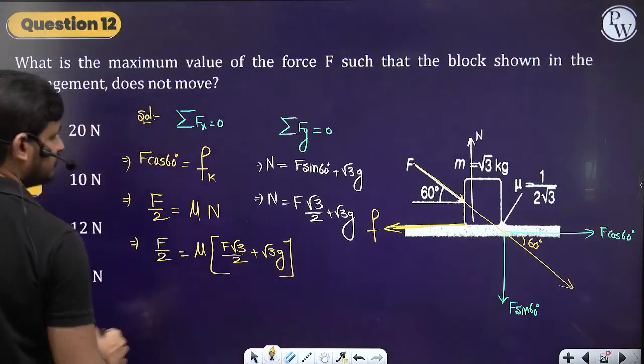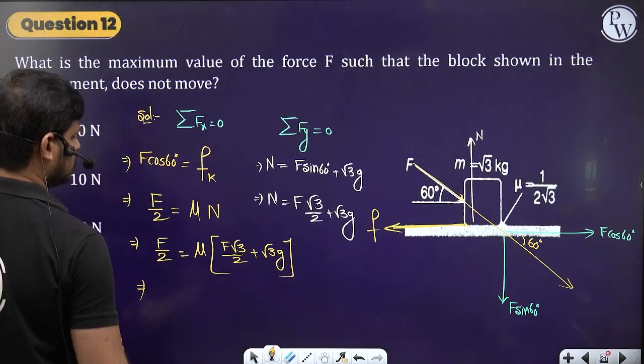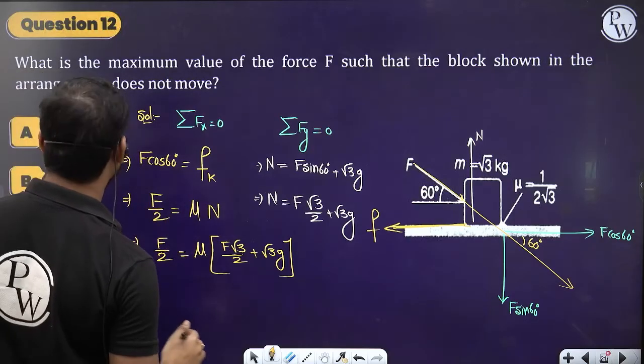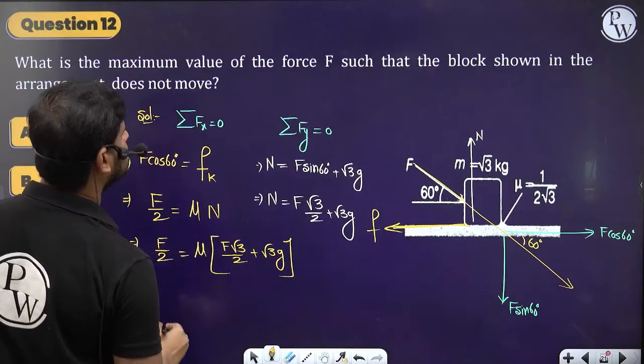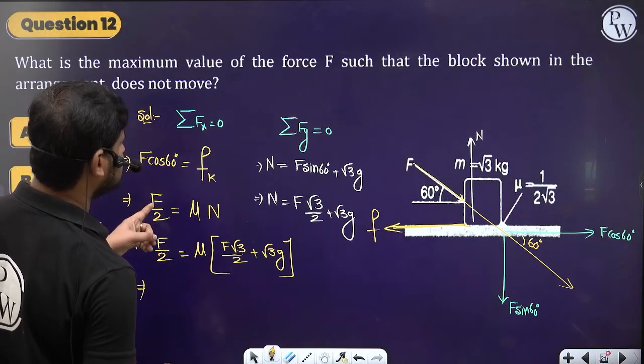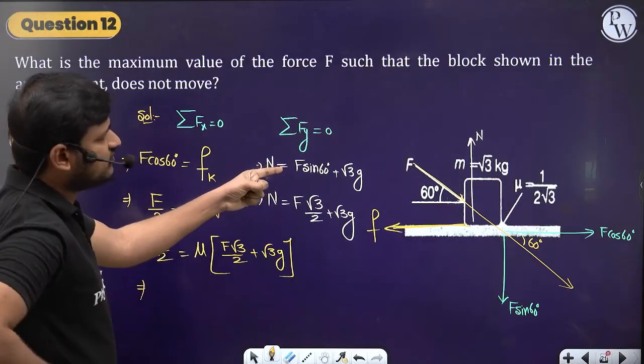We need just the force value. This is for F sin 60 only, right?